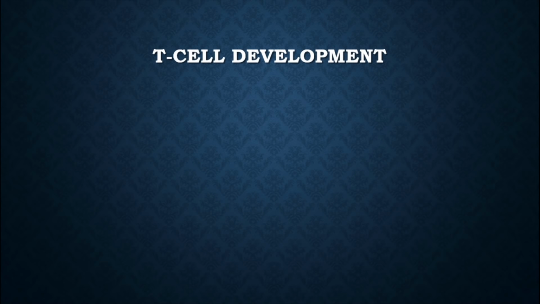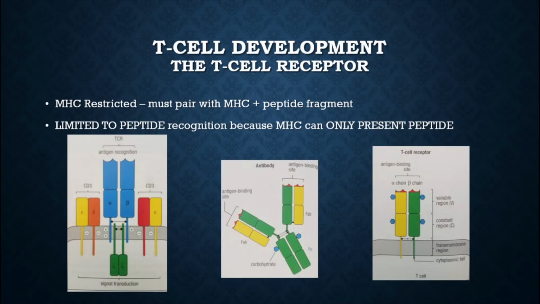So let's talk about these cells themselves. Let's talk about the T-cell receptor. The T-cell receptor is essentially just the antibody fragment of an antibody. You just take this end fragment, stick it in a membrane, and that's essentially a T-cell receptor. They have these co-proteins, CD3, expressed on all T cells, which stabilizes the receptor.